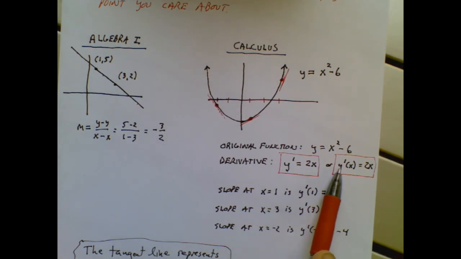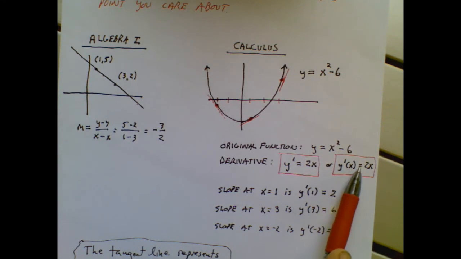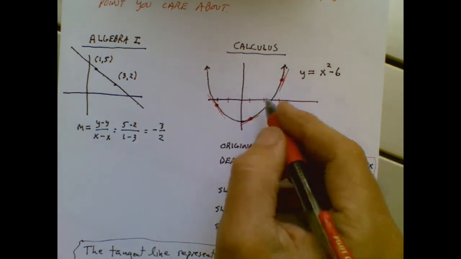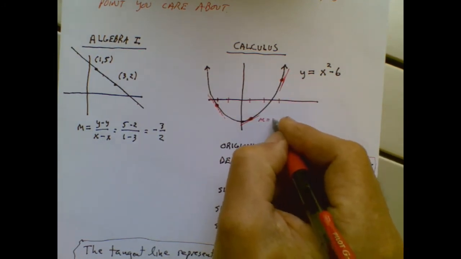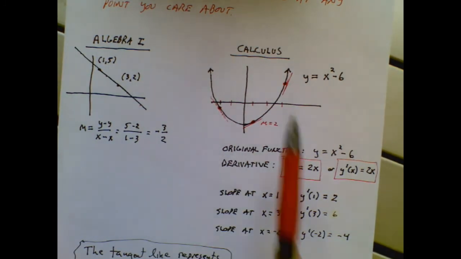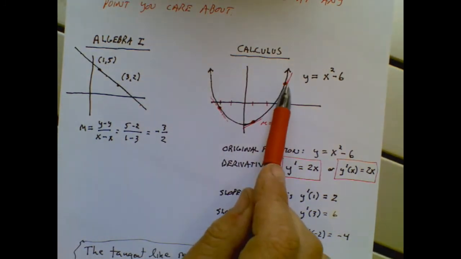In other words, y prime of 1 equals 2 times 1. That answer tells us that y prime of 1 equals 2, or this thing has an approximate slope of 2 at that spot. Your brain would tell you that this is a steeper slope.